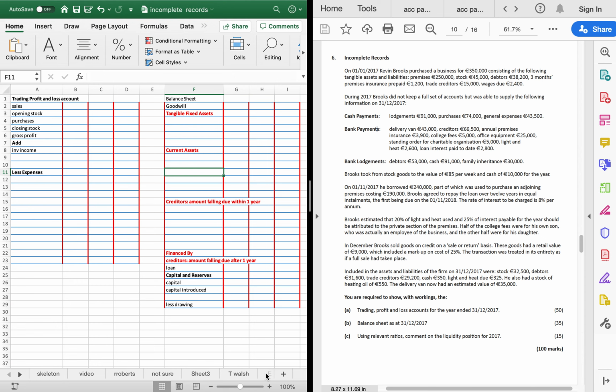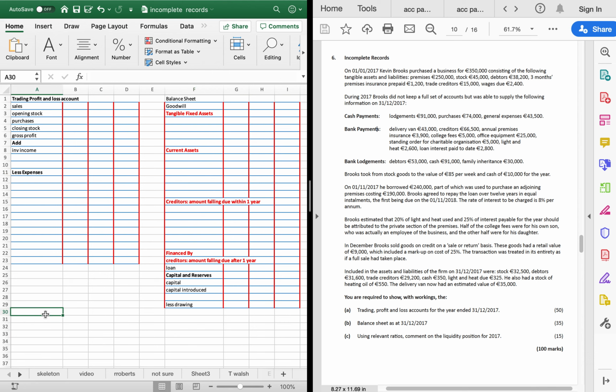I'm going to check the answer here because I'll show you how to do it in a second. I think it's 7,200 is what we worked it out to be before. So I will be changing this stock and these debtors. Let me just work out what that 9,000 is at cost price.